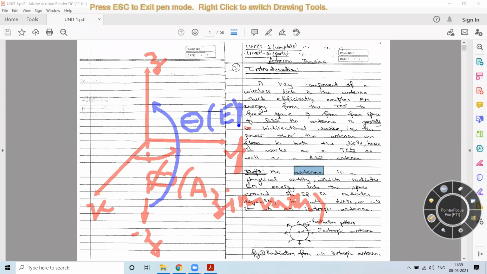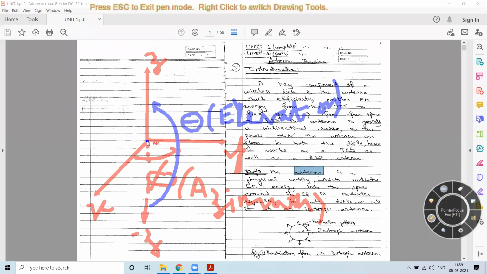It is the elevation angle. In field theory, you have come across these concepts.